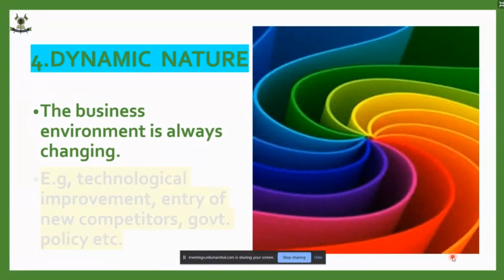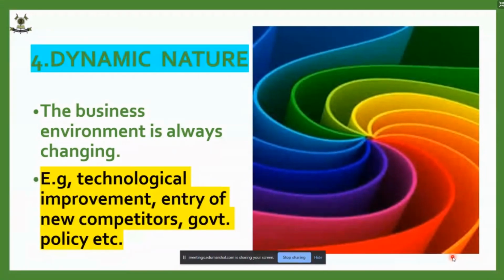Because business is dynamic and the environment is more dynamic, and business has to adapt to that dynamism. If you are not going to adapt to newer things, you will become obsolete and outdated. Adaptation is the word, change is the word, because the business environment is changing, and we have to change according to our environment.